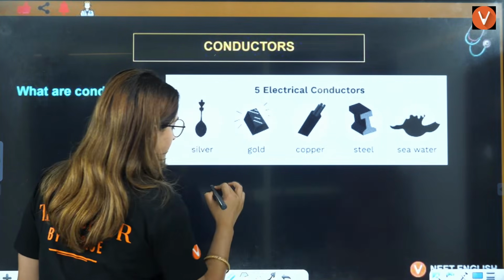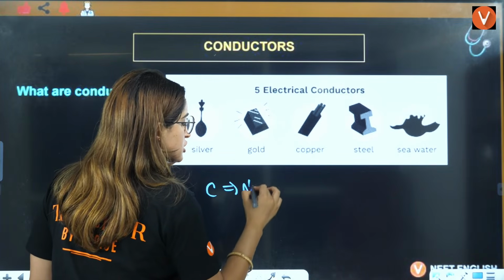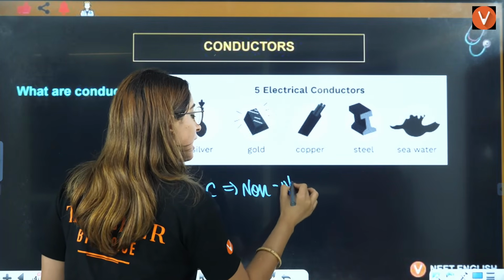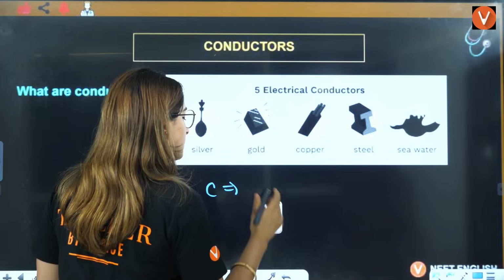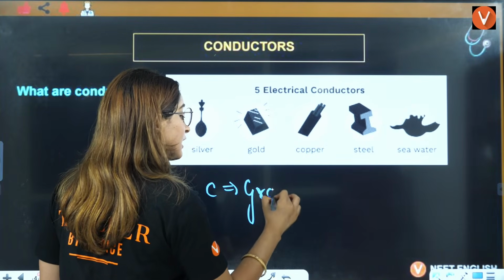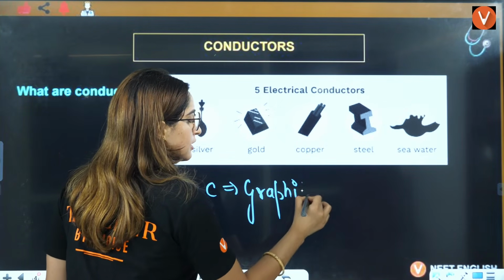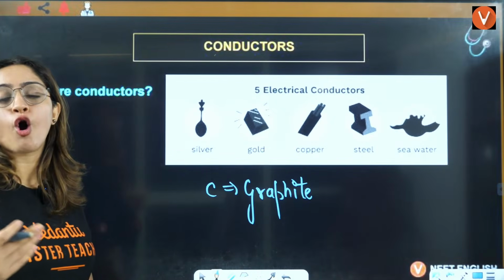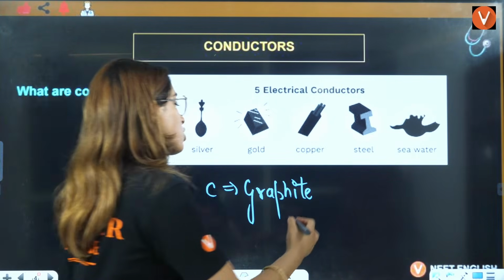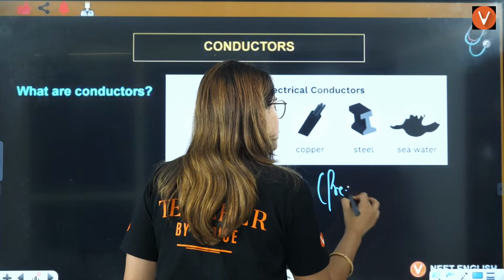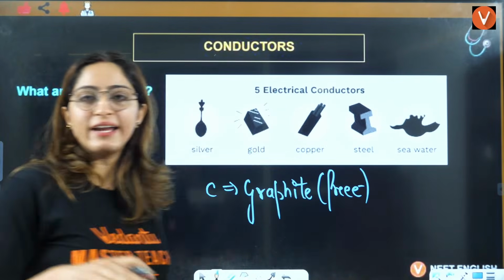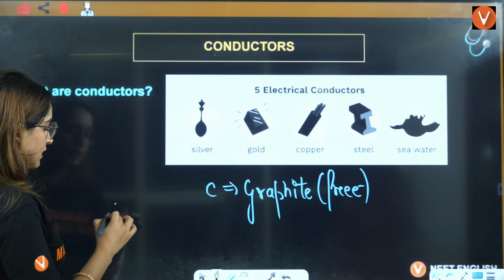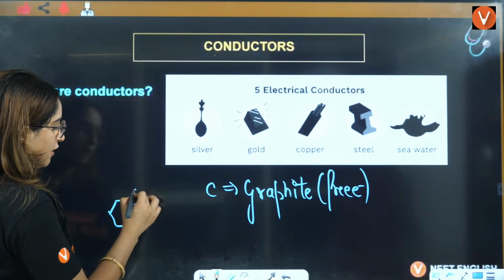So that non-metal is carbon, when it is used as graphite, which is an allotrope of carbon, because of the free electrons, right? Graphite has hexagonal shapes, these kinds of shapes, right?